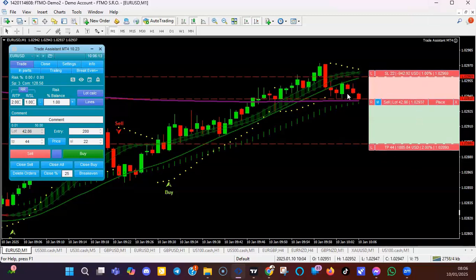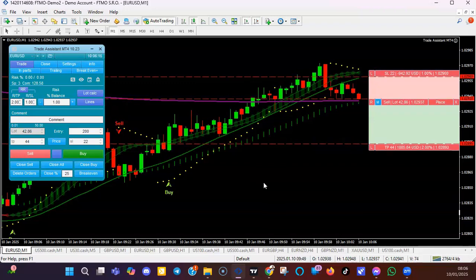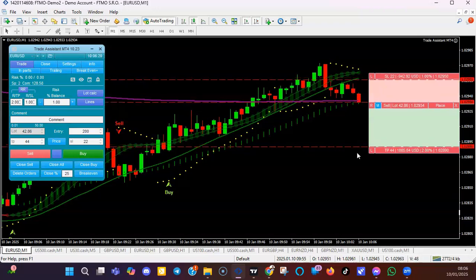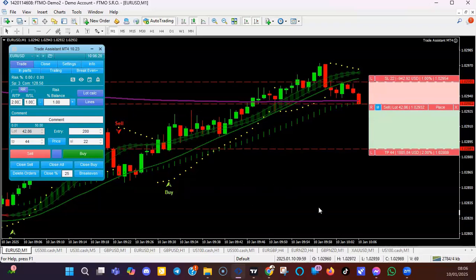Will it go? Do we have enough volume for another surge for the US dollar? And it will be a surge that will bring the EUR down to lower points down here again.